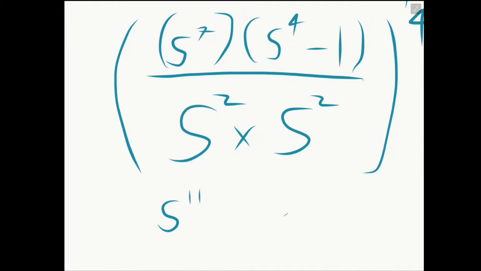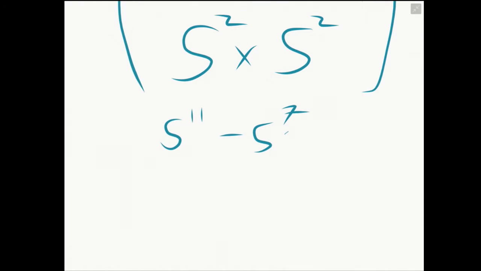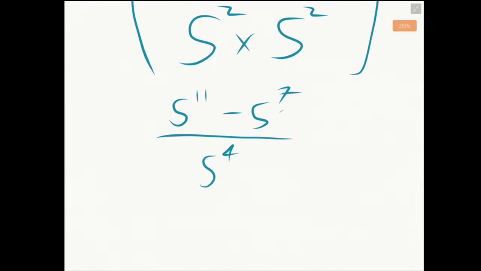Okay. What about s to the power of 7 times negative 1? Well, that's quite simply negative s to the power of 7. And as for these, you could simplify that into s to the power of 4. And once again, we can't forget the 4 on the outside.